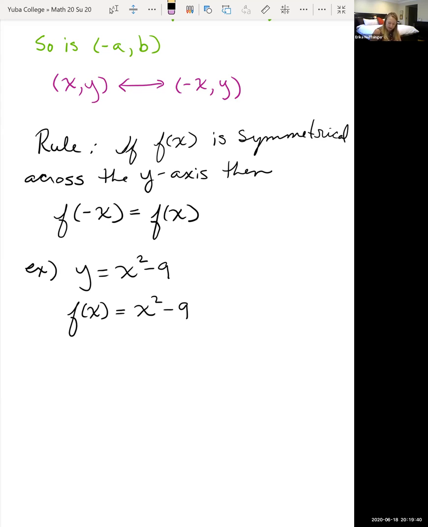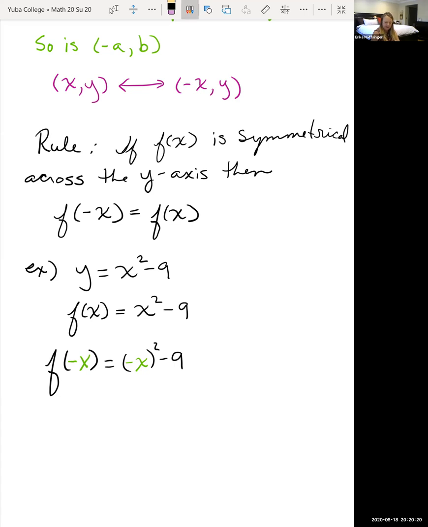So if I want to find f of negative x, you go back into the original equation, and wherever you see an x in that original equation, you plug in negative x, and then simplify. I'm going to put parentheses wherever I see an x in that equation, rewrite everything else, and then plug in negative x where I added the parentheses. So we get negative x quantity squared minus 9.